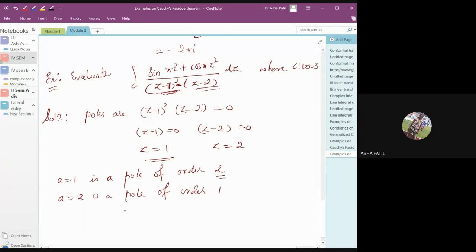So we have got 2 poles, 1 and 2, and the circle now. Given curve is the circle mod z equal to 3. Now what you can say about the points?